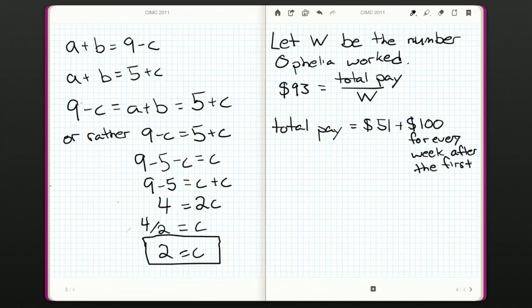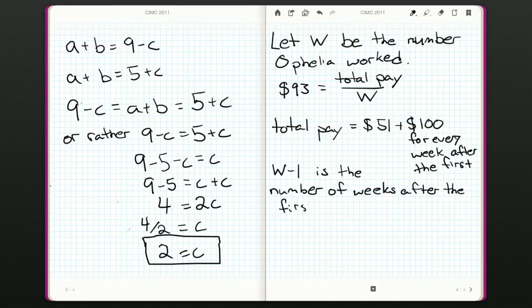Well, we already have an expression. Capital W is the number of weeks Ophelia has worked. So every week after the first, that's really just W minus 1. Right?